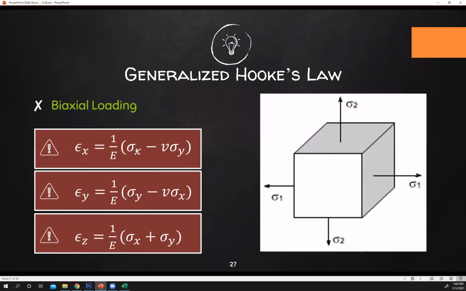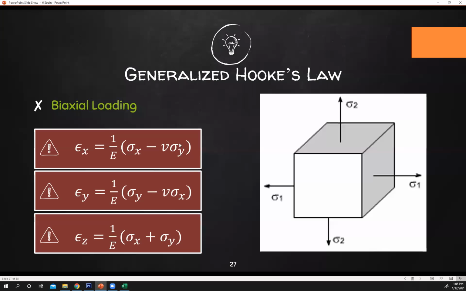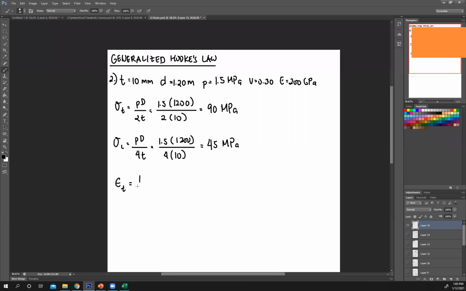This is the strain along its same direction. This is the strain along a different direction. So for our case, it's stress along the transverse axis, so this will be sigma T, transverse stress, and this will be longitudinal. So 1 over E times transverse stress minus V times longitudinal stress.